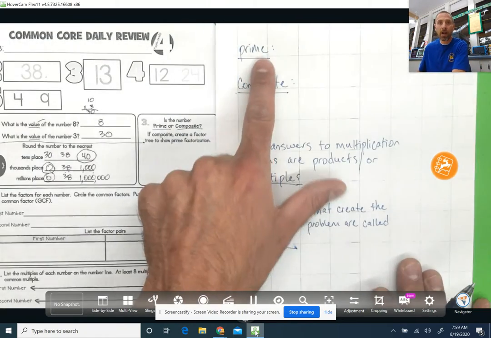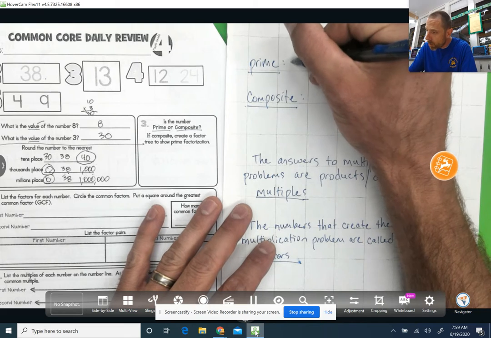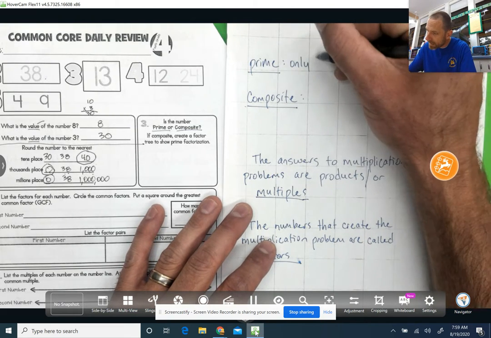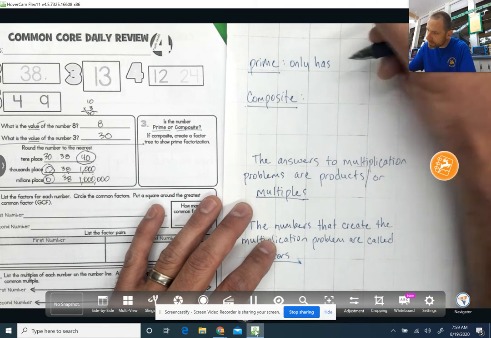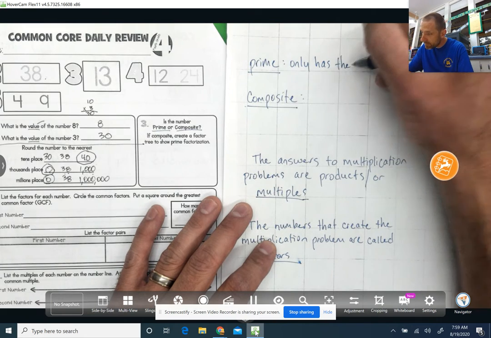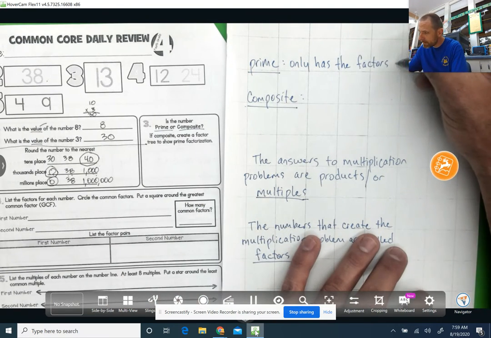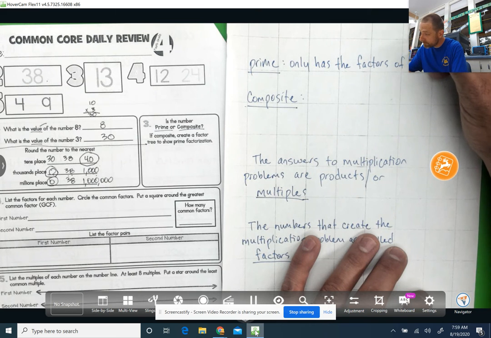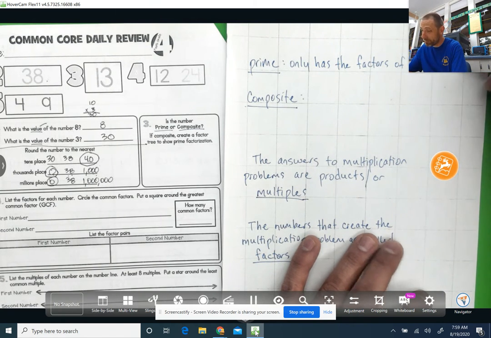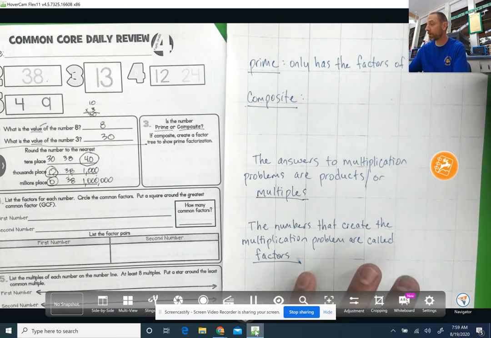Okay, a prime number only has the factors of 1 and itself. Those are prime numbers.